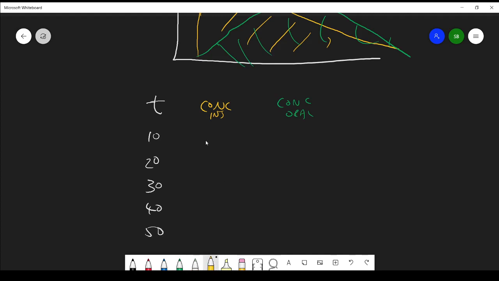Let's say these values, this is injected, so we go straight up to 30, 15, 7, 4, 2. Nice exponential. I'm cheating. When we do oral, we get 0, 5, 10, 5, 1. So let's add all these up.